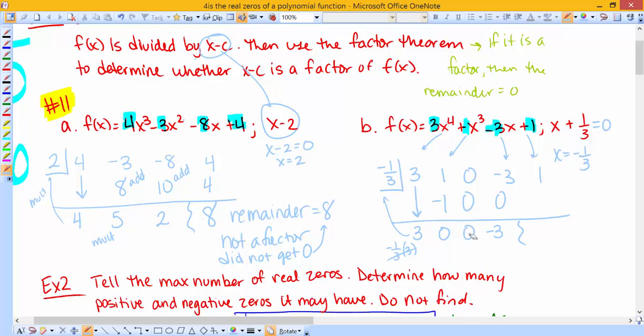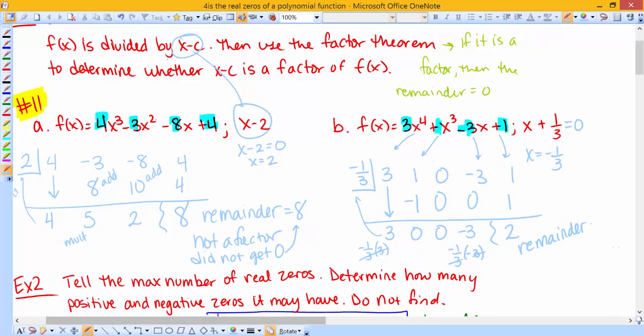And then you add, then whatever value you get, you multiply. Put your answer in the empty space, add, multiply. So I have -1/3 times -3. 3's cancel. And what is -1 times -1? You get +1. And then I end with 2. So my remainder was 2. So this is not a factor.